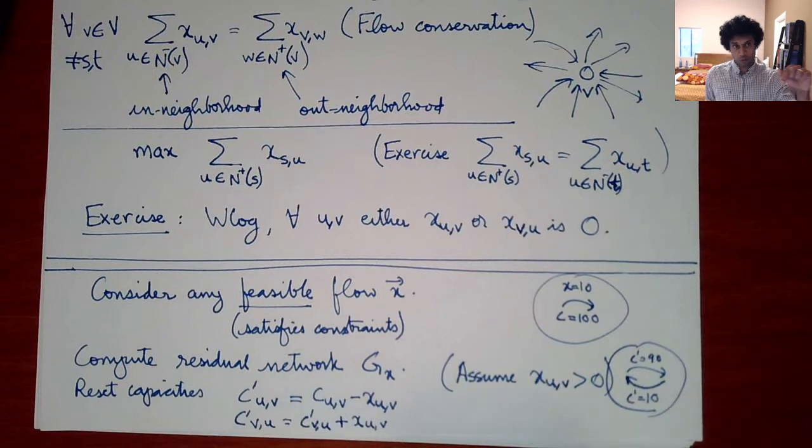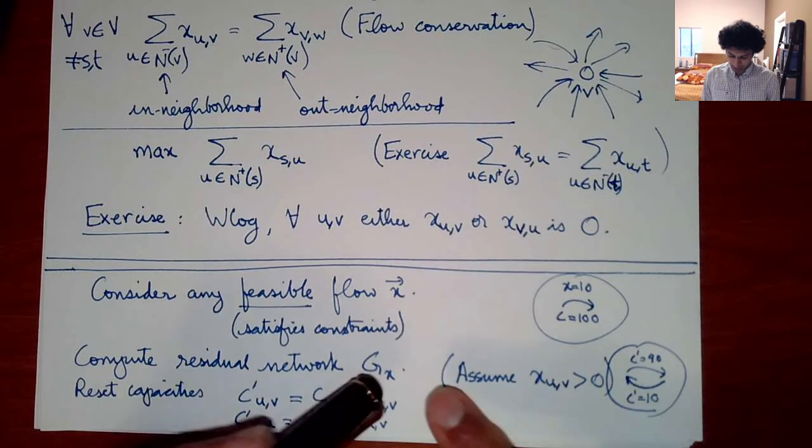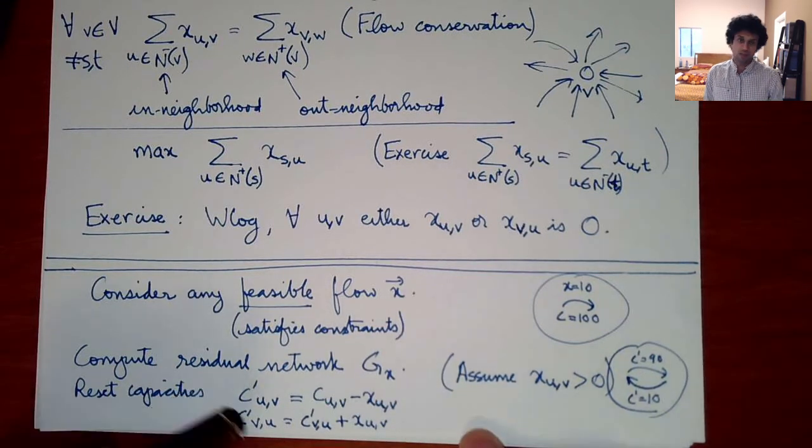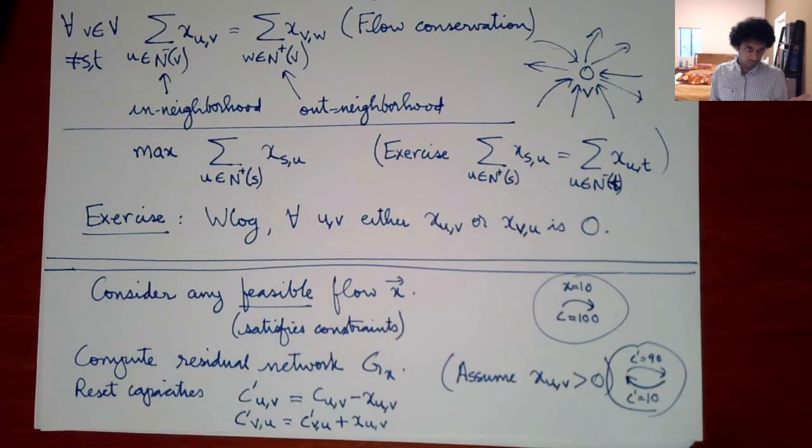So you put a reverse edge and you increase its capacity, because it's almost like saying you get to cancel out that flow by sending it in the opposite direction. Does this make sense? So this is the residual network. What you do is you simply take your graph and you update the capacities, and you have a new set of capacities.